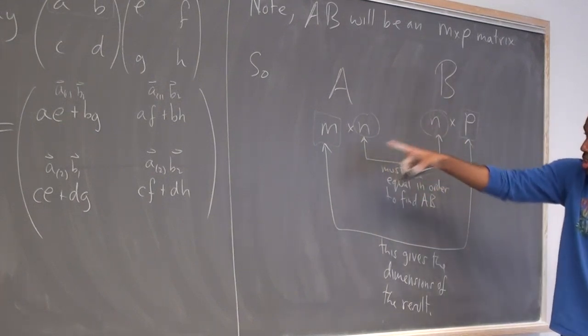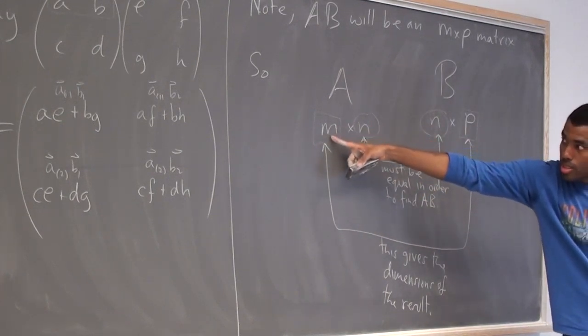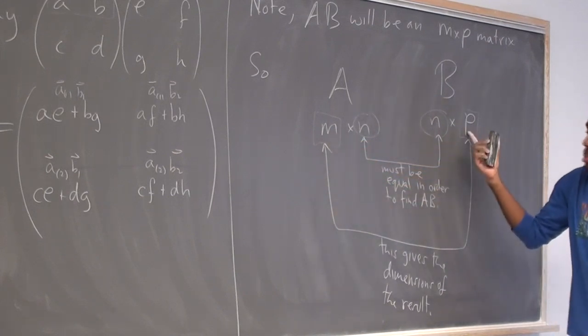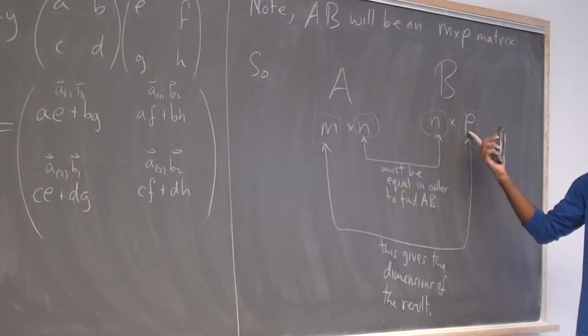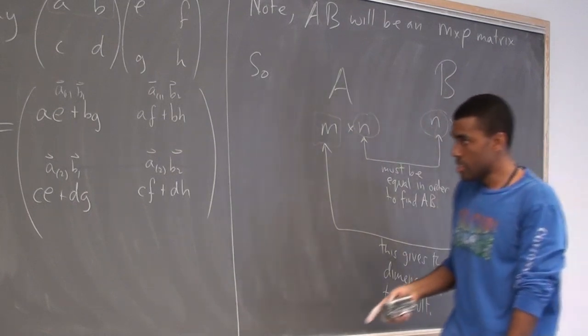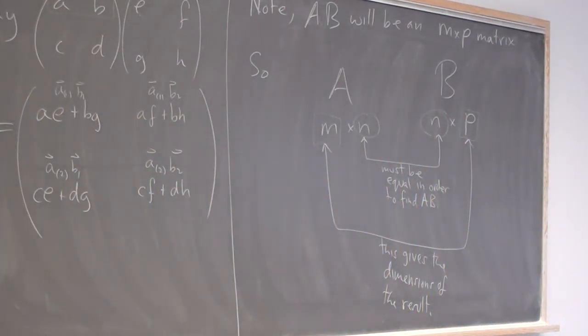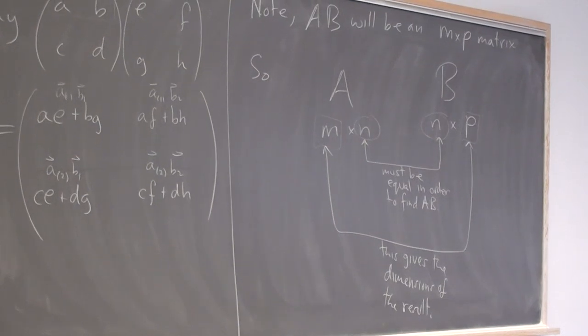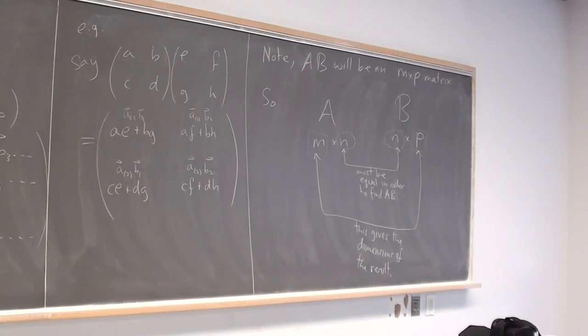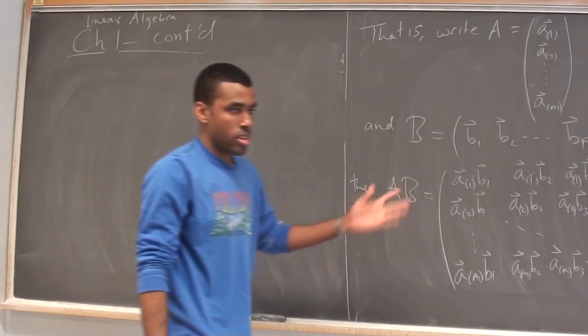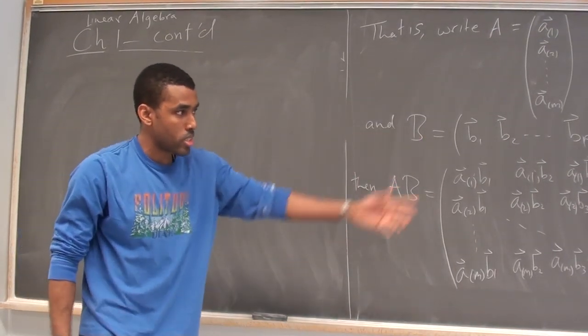And your result should have the number of rows in A and the number of columns in B. This is because you're matching up the dimensions of the domain set with the dimensions of the range set. Doesn't matter. You can take it just as a definition if you want, but behind the scenes, that's really what's happening. What I was talking about at the end of last class, you're not going to really need to know. You really need to know the definitions, right?